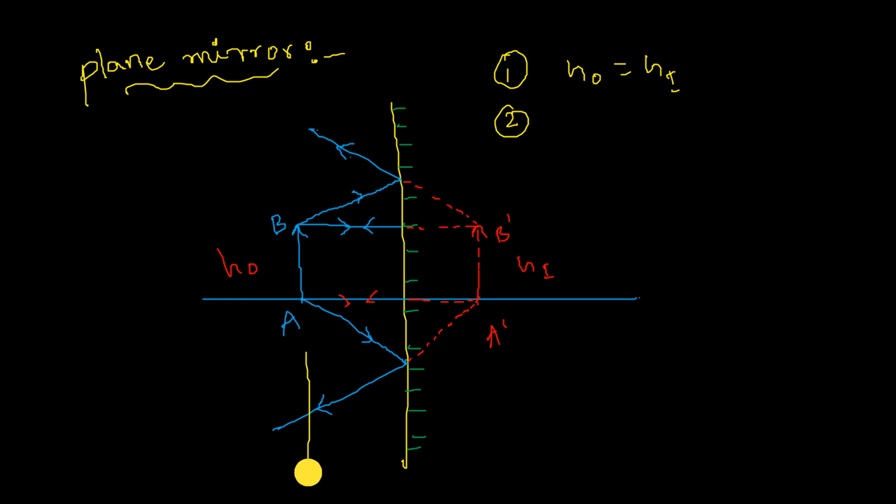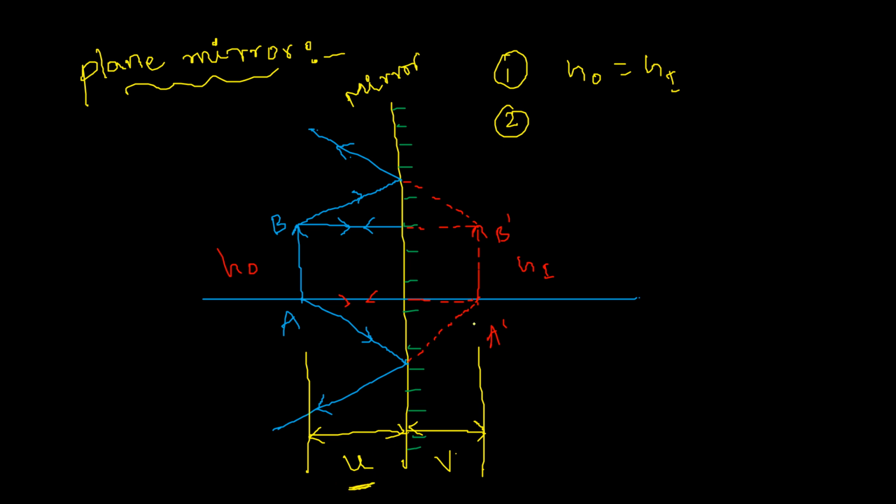And if you are taking the distance, the distance between object and mirror is called object distance.